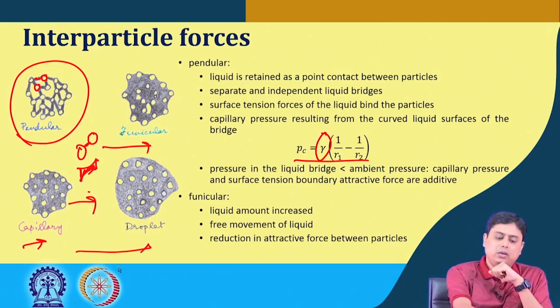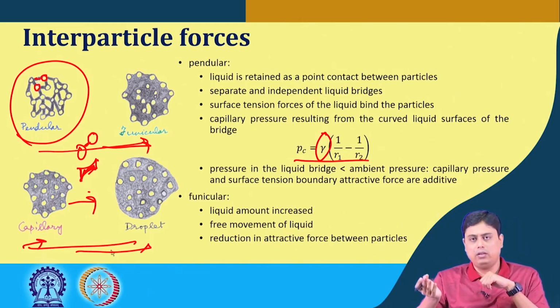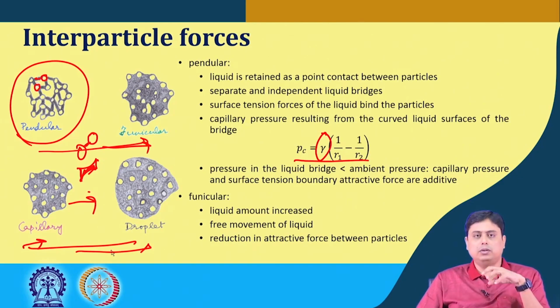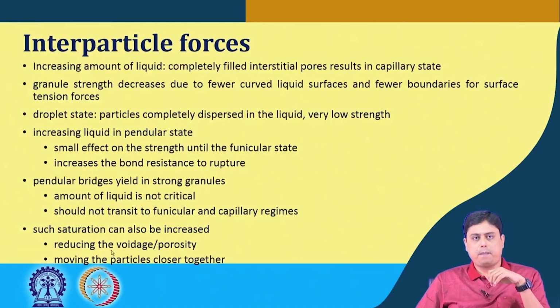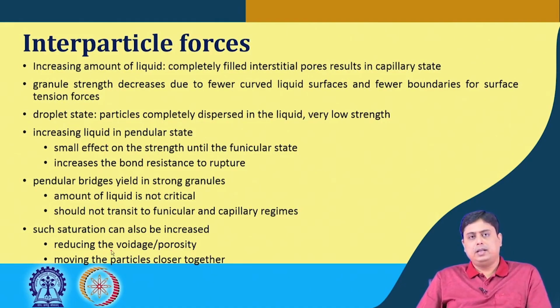So, basically you can think of this transition from one state to another in forming the liquid bridges as the saturation of the void spaces, the amount of liquid present in the interparticle pores. As we increase the amount of liquid, it completely fills the interstitial pores, resulting in the capillary state.